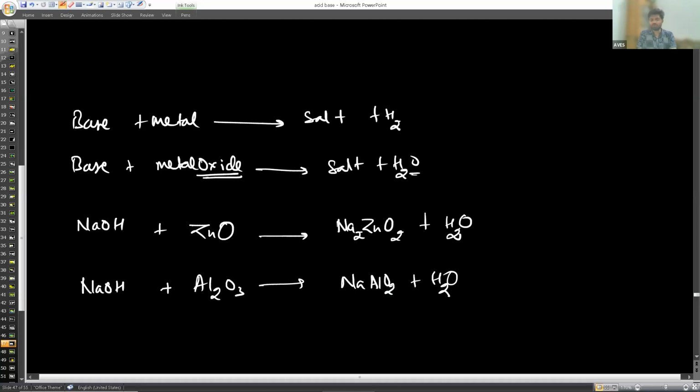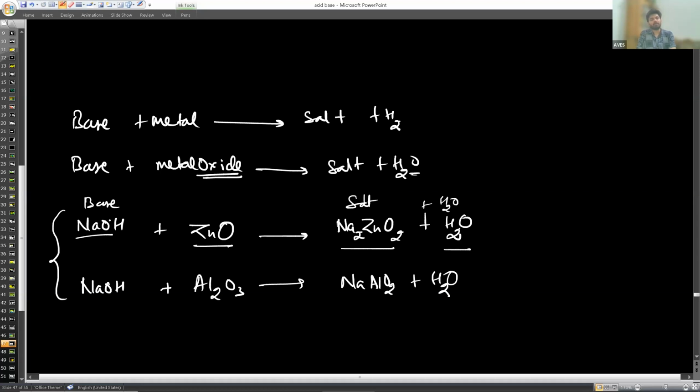Now, NaOH with ZnO, and NaOH with Al2O3. Just concentrate here: this is a base, this is a metal oxide, and they react to give salt and water.